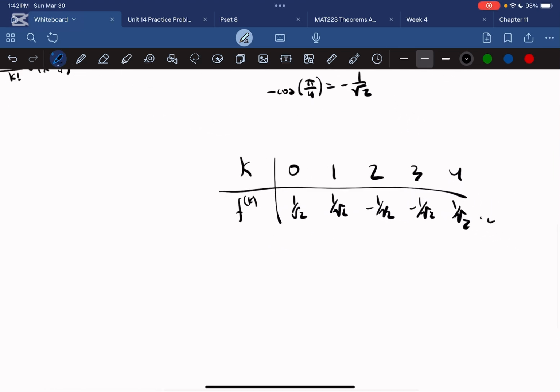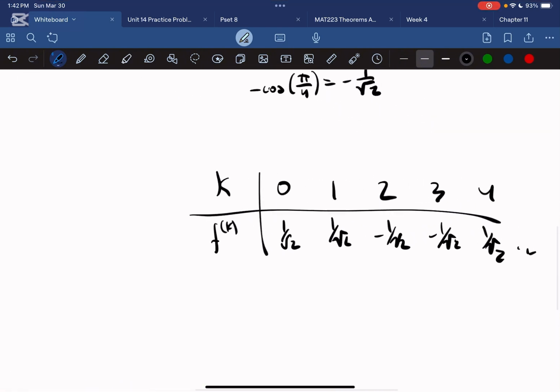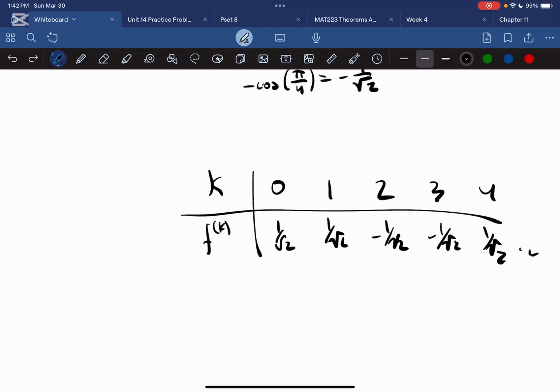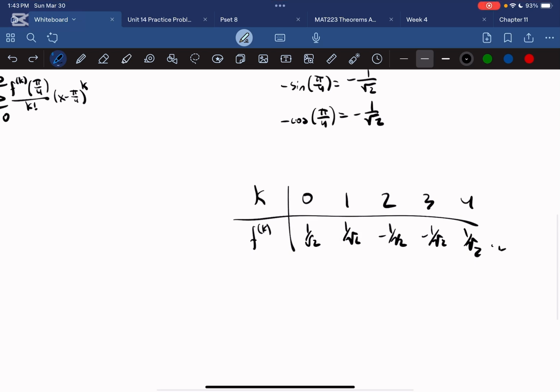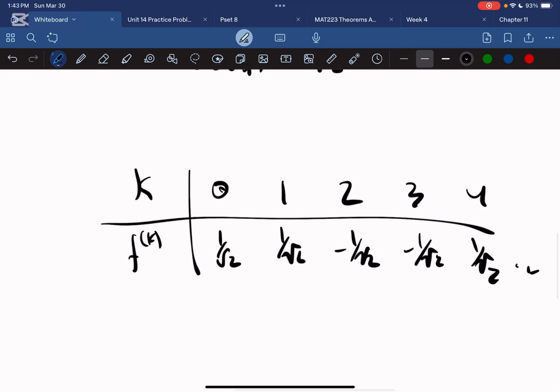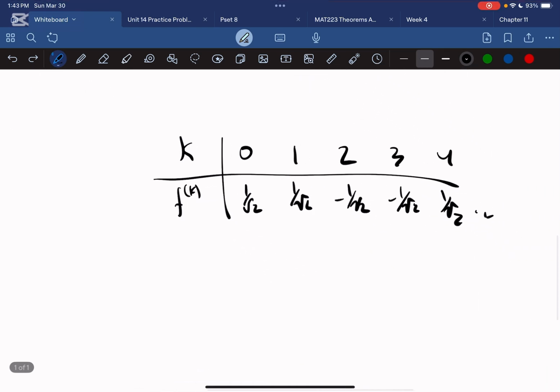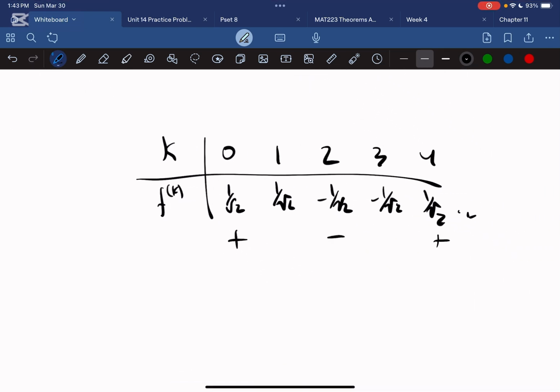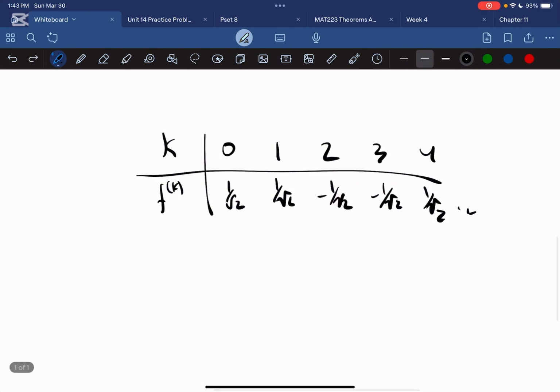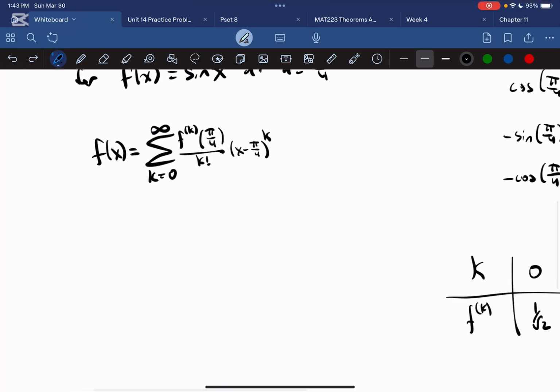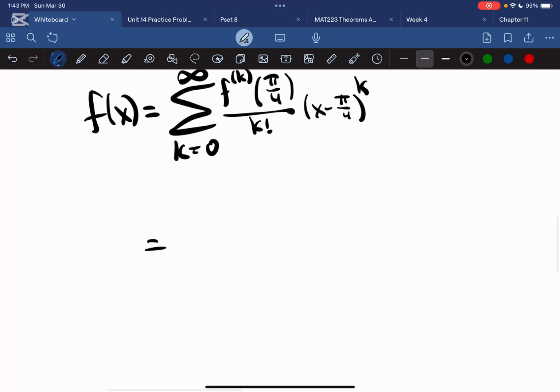So you could try to find a function that oscillates between negative 1 and 1 where it goes positive, positive, negative, negative, positive, positive, negative, negative. But the easier thing to do is just to separate it into two series, because this is positive, this is negative, this is positive, and then the next even term is negative. And same with the odd terms. The odd terms, we can go positive, negative, right? So we should just split this up into two sums. And let's just do that.